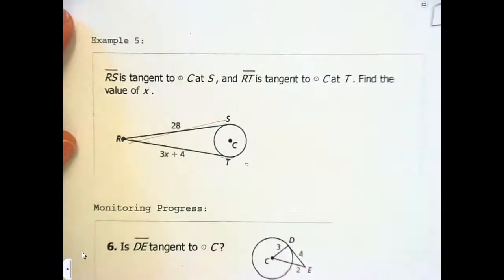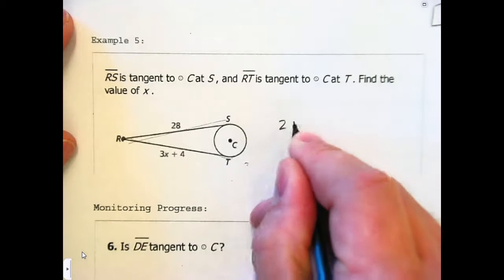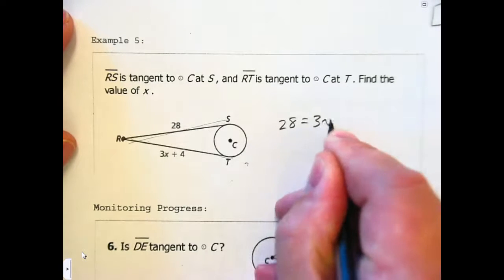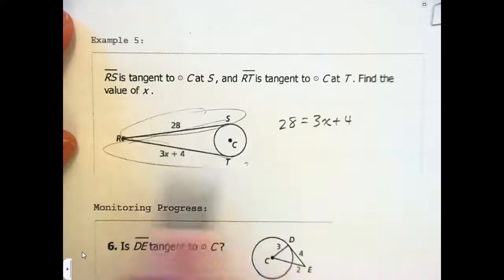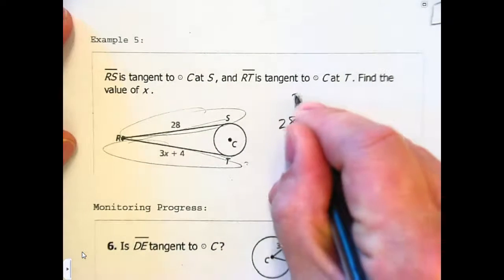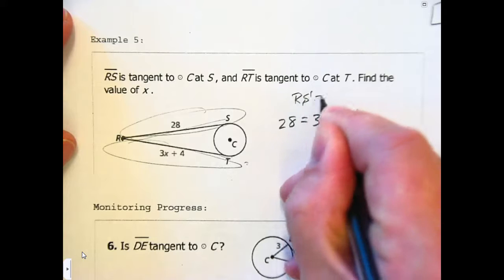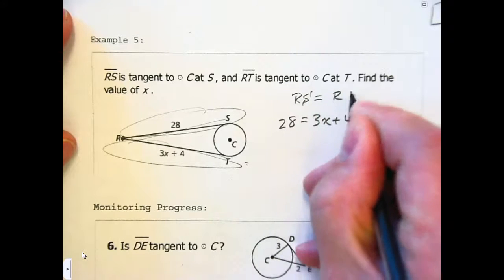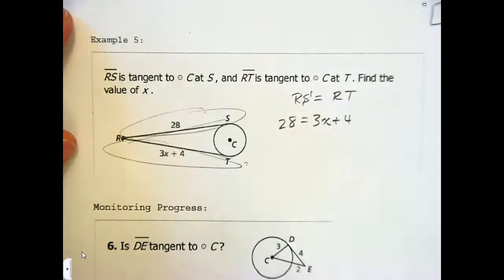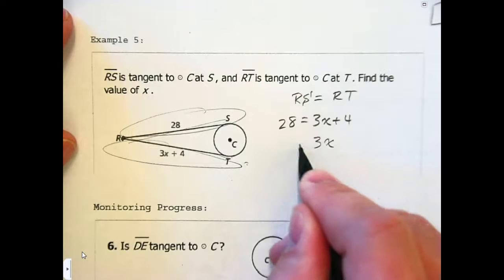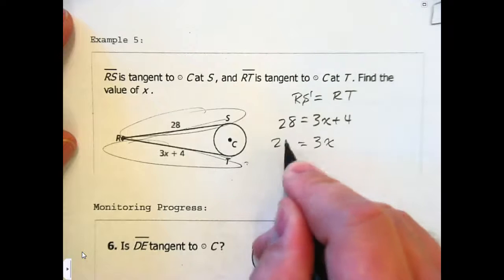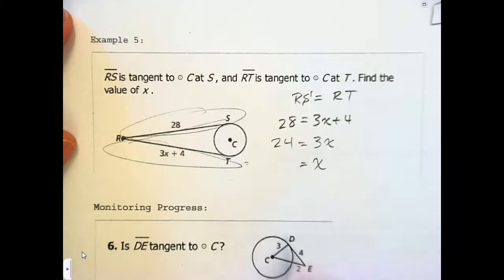So if I'm solving for x here, 28 equals 3x plus 4. So maybe a brief note to yourself, hey, this length is equal to that length. RS is equal to RT. 3x equals 24, so x is 8.